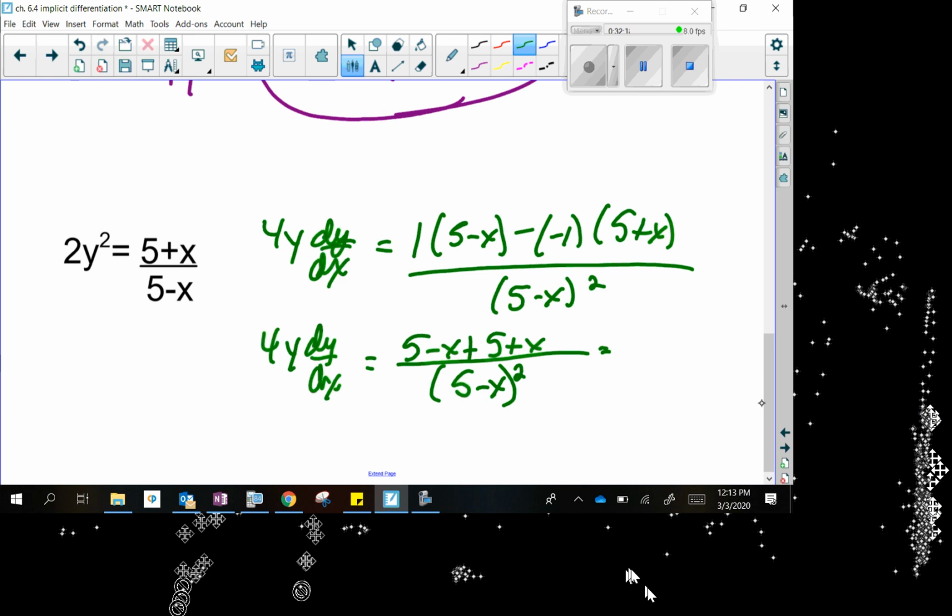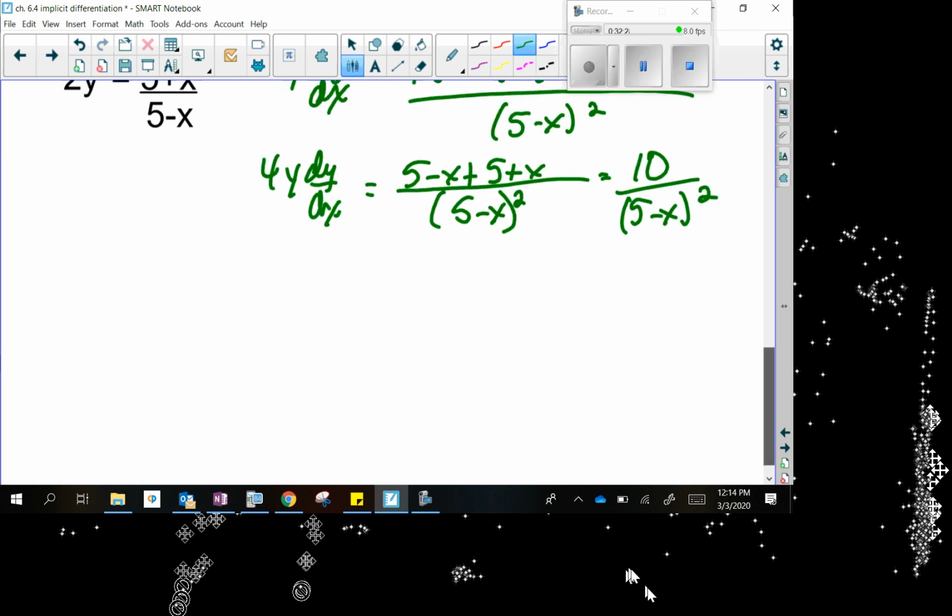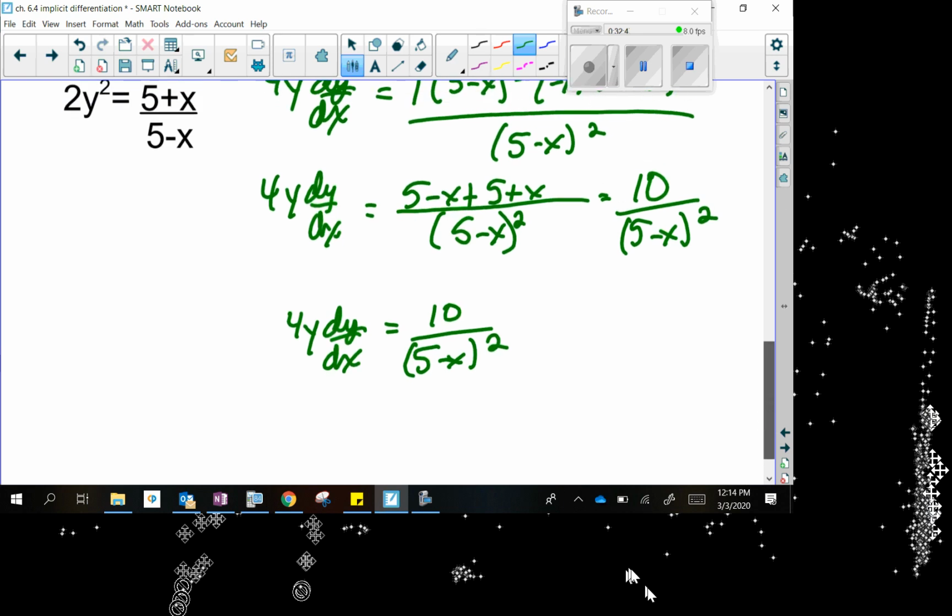So the x's go away in the numerator. So we get 4y dy dx equals 10 over 5 minus x squared.